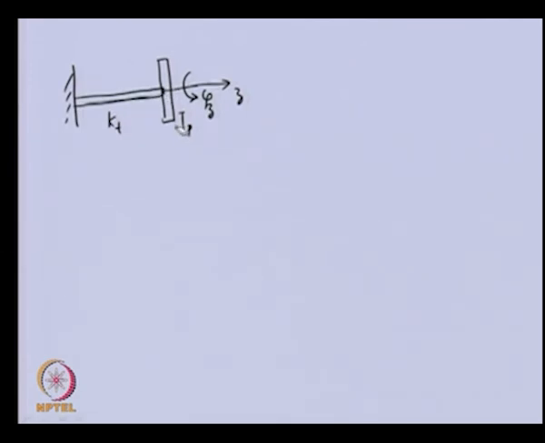In this particular case, you can see this is a very simple rotor model in which we can obtain the system equations by first drawing the free body diagram of the disc. So if we remove the disc from the shaft, let us say we have the torsional displacement in the counterclockwise direction, positive sign, and if we give a displacement in this direction, the resistance from the torque or from the shaft will be opposite.